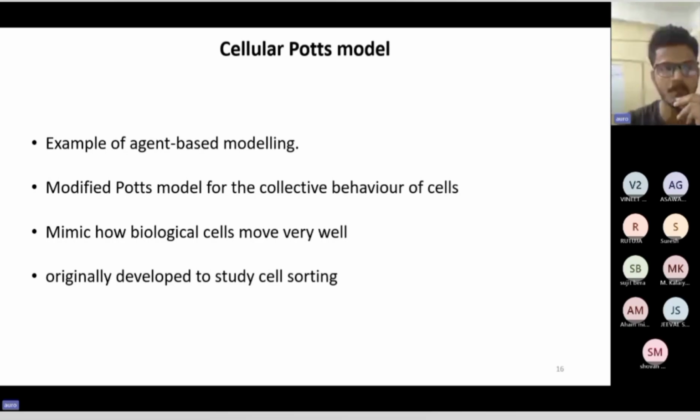Cell sorting is what happens during development. If there are randomly intermixed different kinds of cells, as development happens and time increases, those cells will form different patterns. Different types of cells will segregate from each other and form different patterns, which gives rise to tissue. One can ask the question: even if we know at the molecular level what molecule or protein is acting, how do those give rise to this kind of emergent pattern?